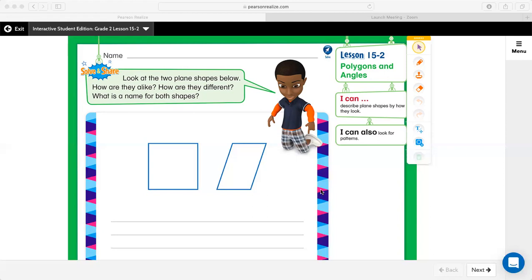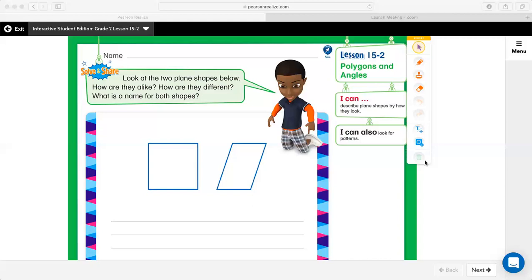We go down here to Dominic's work. Okay. He says both shapes have 4 sides. He is correct, right? We can see that. Both shapes have 4 sides. Shape 2 has 2 sides that are shorter than the sides in shape 1. While he is correct, he doesn't name the shapes, so he didn't finish answering the question.